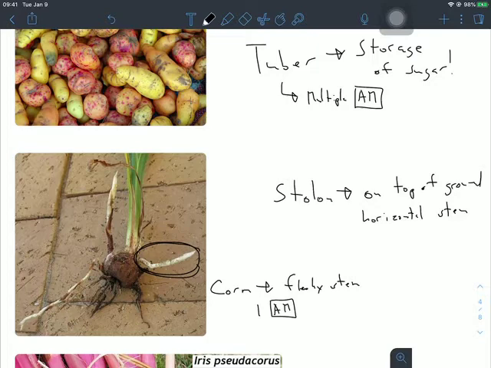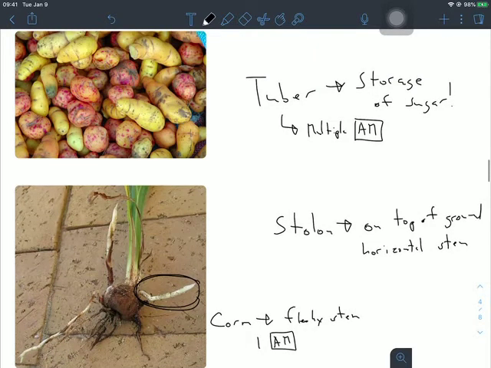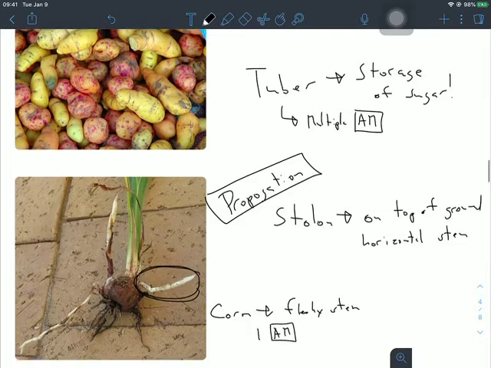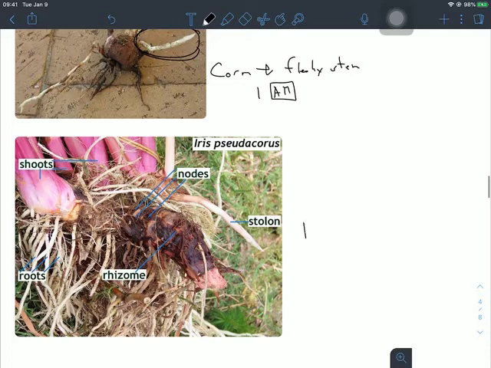So we've got tubers, storage organs of sugar. Corm, also storage organs, differences in the number of apical meristems. Stolons, they are on top of the ground or horizontal stems, roots that are adapted for propagation. That's a spreading feature. Or, if your root is not above the ground in a stolon, the root can be below ground in a rhizome.